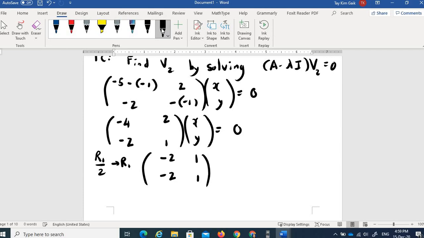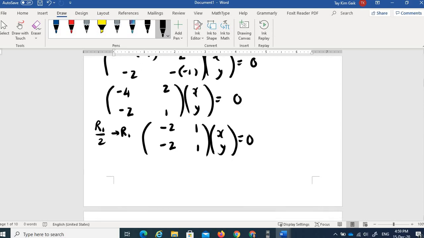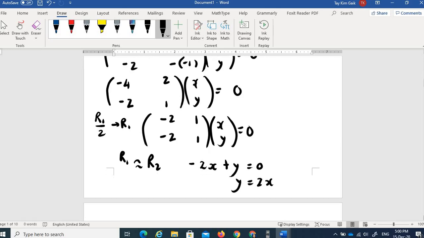Now you can see that row 1 is equivalent to row 2. It means two equations reduce to only one equation, so you will have infinitely many solutions. Then you just reduce to one equation, which is negative 2x plus y equal to 0, or y equal to 2x.